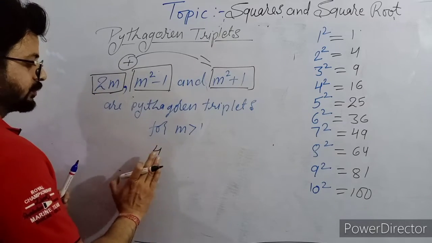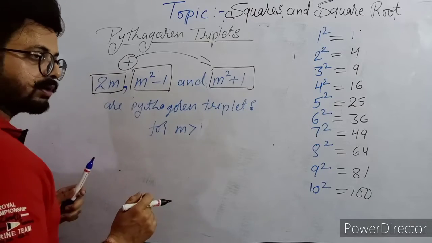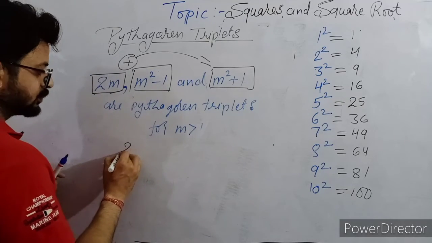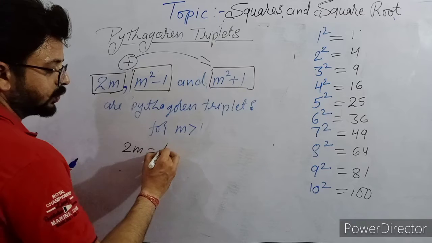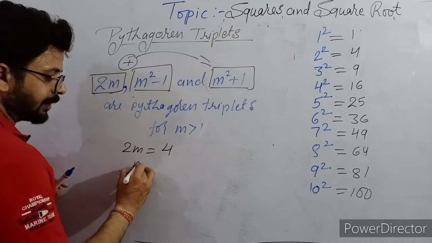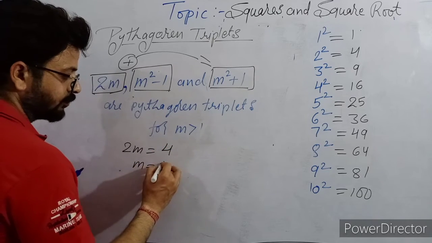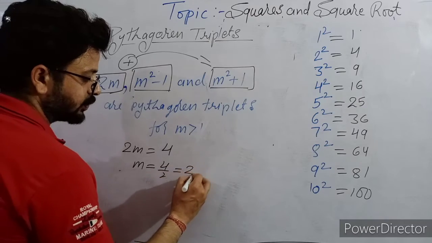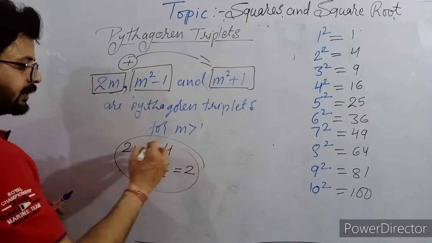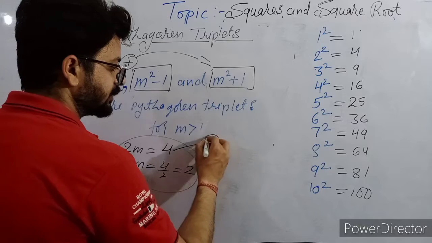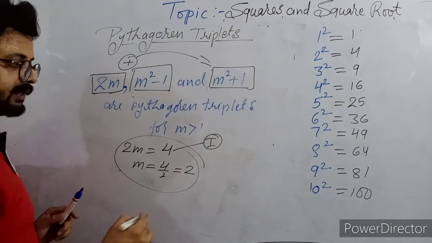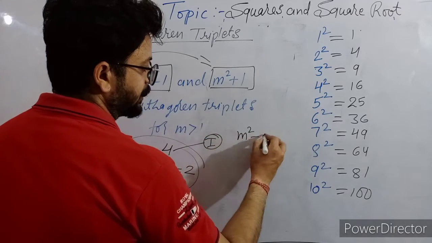First is given 4. So 4 is an even number, so you equate it with 2m. Now m is equal to 4 divided by 2, which is 2. Now the m value came 2. Already we have the first number of the Pythagorean triplet. The second number is m square minus 1.